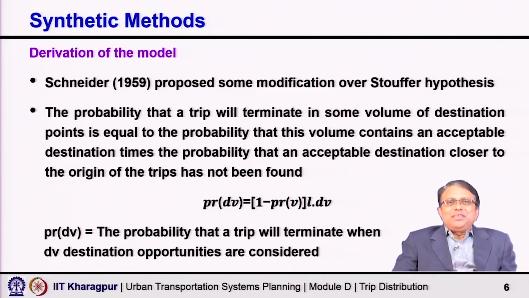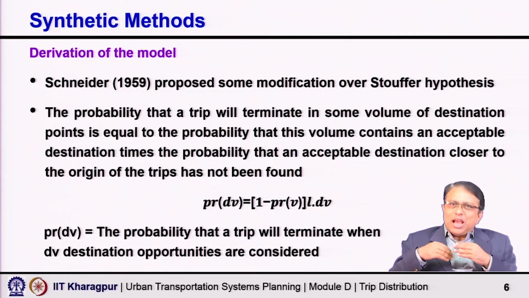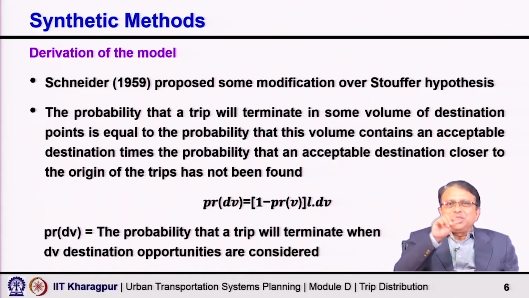So, we can write like this: probability of dV, where dV is just a band or a ring around the production zone I. We can consider many rings around I, and as j is increasing, they are going away, higher in distance and in time, from zone I. So, just consider a small ring of dV at a distance v from the origin zone I. It depends on two things.